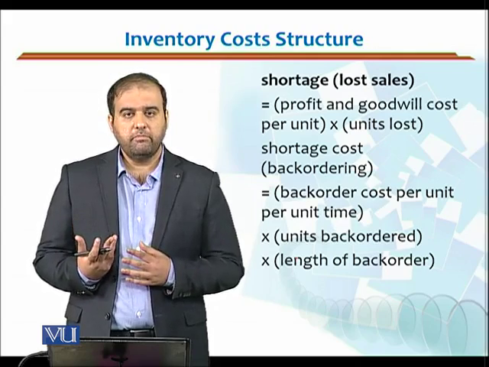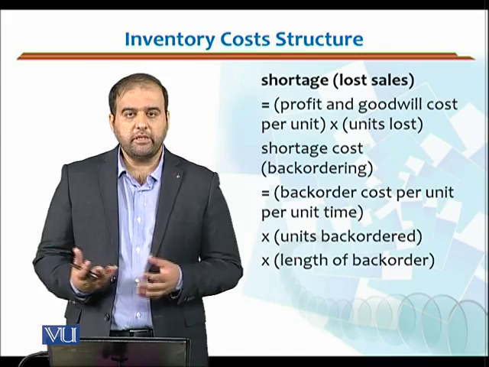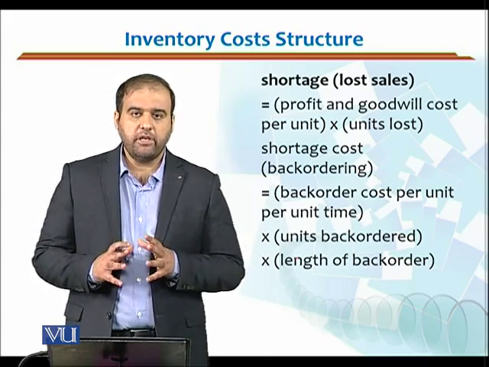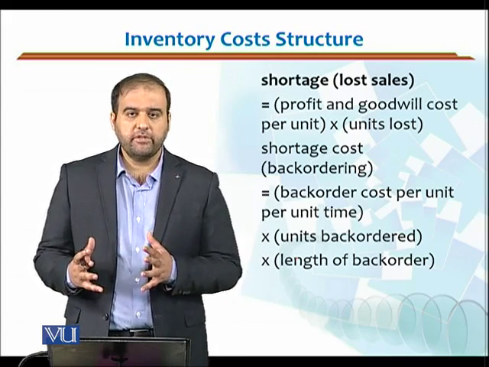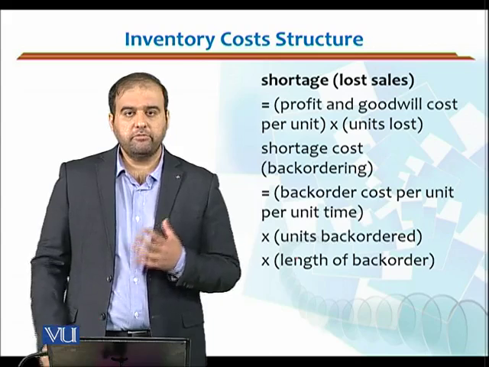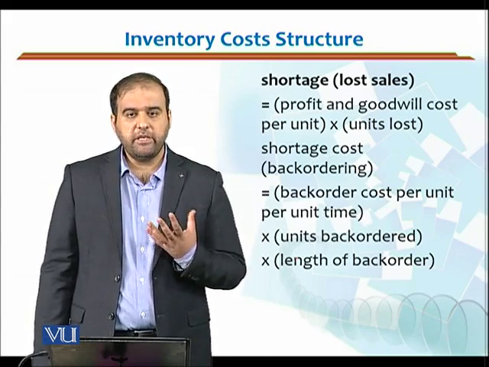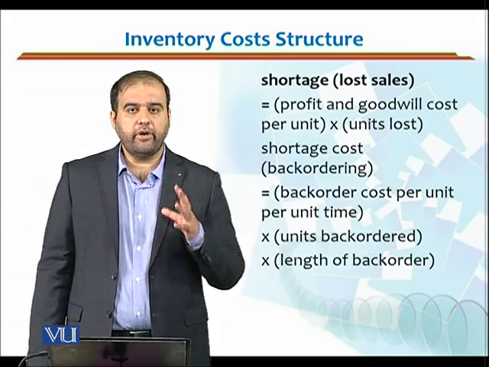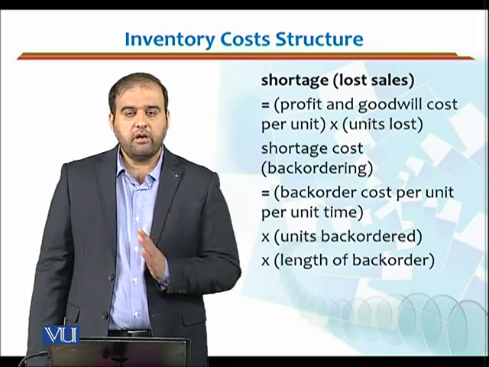Those who come but didn't get the item or didn't purchase anything, you would assume it's a goodwill loss because they didn't find the item there. But you are not accounting for it. You are not noting it. Such a mechanism is usually not defined. So the demand is usually censored. Censored means some part of the demand was lost but you didn't account for it. But for shortages, you will account for it.